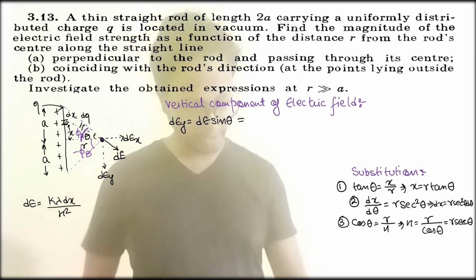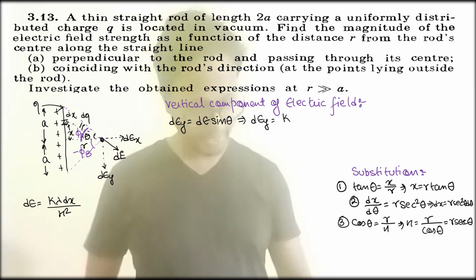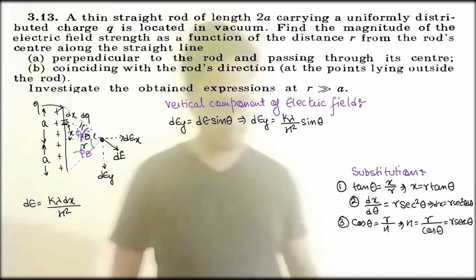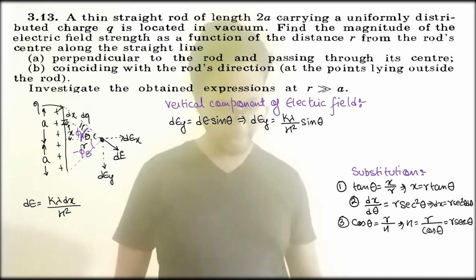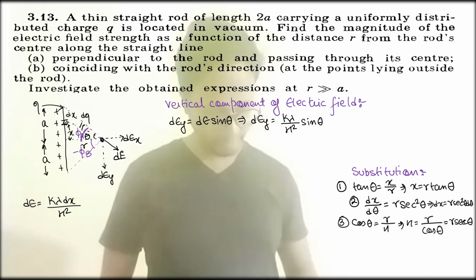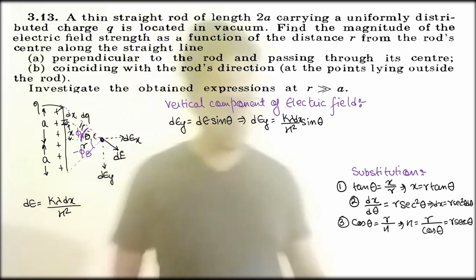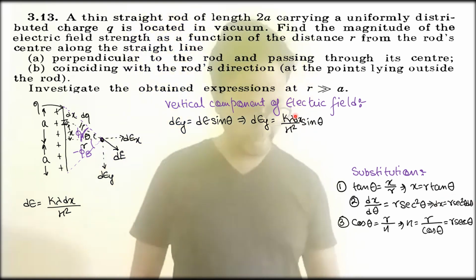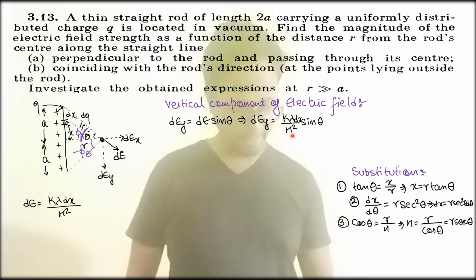So if we substitute, dEy is equal to k lambda dx by hypotenuse square into sine theta. Out here I forgot the value of dx. Now we substitute dx and h out here.